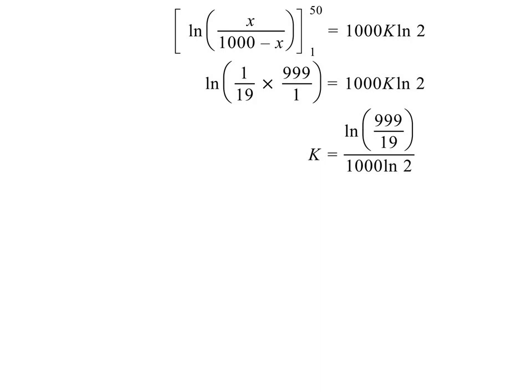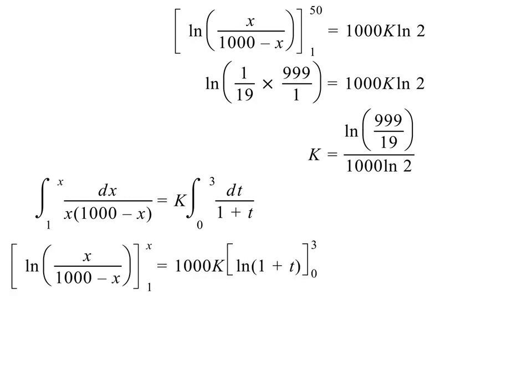I don't want to have to write that every single time in my working out. I'm just going to leave it as k in my working out, but that's the number I'll substitute in for k. We now want to find x when t is 3. Notice still the same integral, so I already know the answer and everything, so I just went straight to that. So the left hand side here I've just called c.